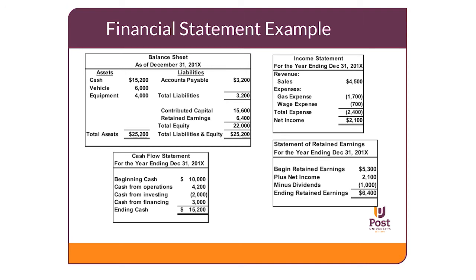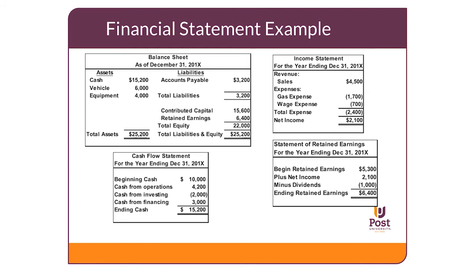For example, they could be for the year ending December 31st, whatever year it is. Sometimes they are shown for a month ending, for the month of January, or a quarter ending, the quarter ending March 31st.